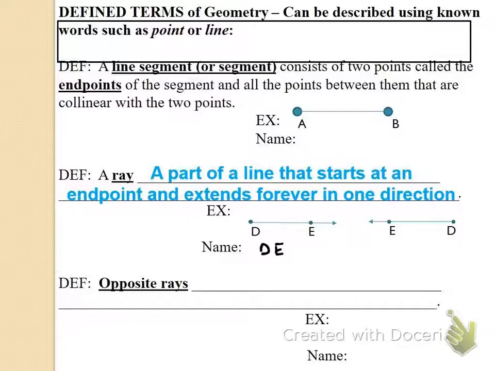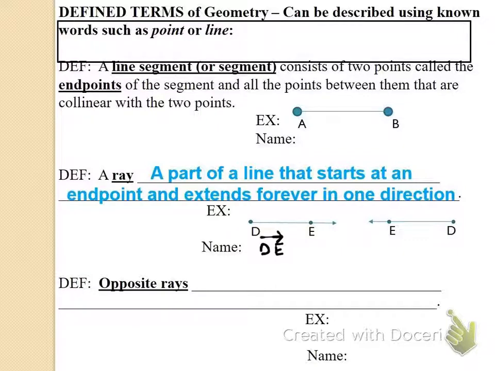So we use what looks like a ray and draw it above our 2 points. There's only one arrow in a ray, and we always want that arrow to be above the directional point. So we would put it above the E there.